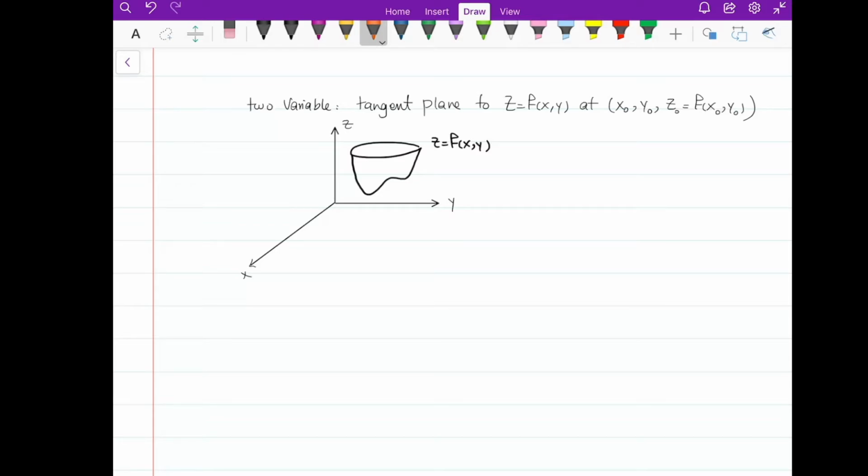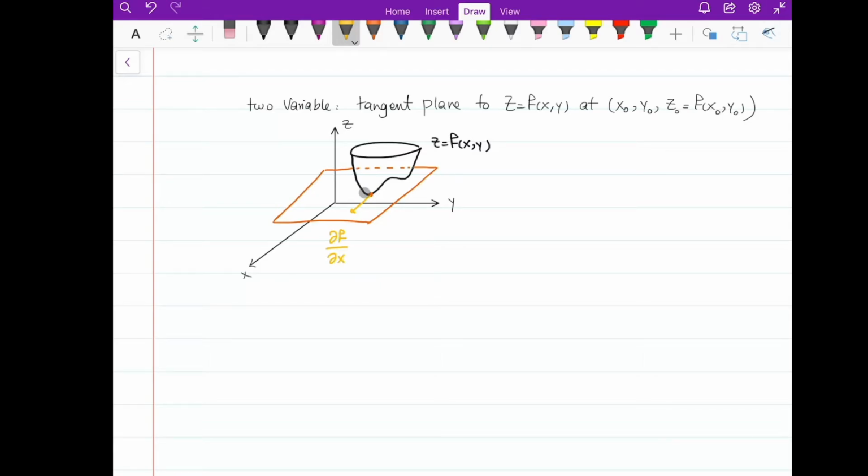Then at, for example, this point in here, I have a tangent plane like this. That is, this plane is tangent to the surface z equals f of x and y at the point x naught and y naught. Okay, and as you see, we have the partial derivative of f with respect to x.